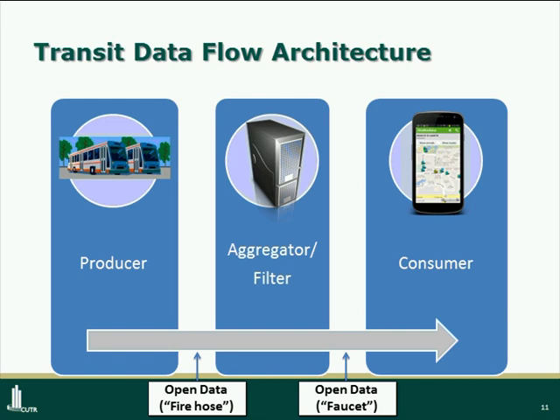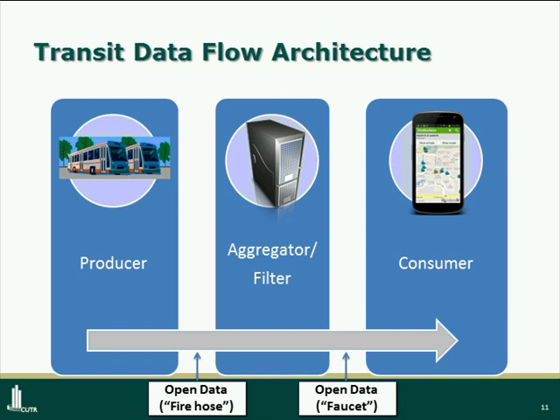On the very left, the producer role is typically the transit agency themselves. This includes the AVL information, which is produced typically by some type of positioning system, such as GPS on the bus itself. This information is then collected and sent to another location for permanent storage.